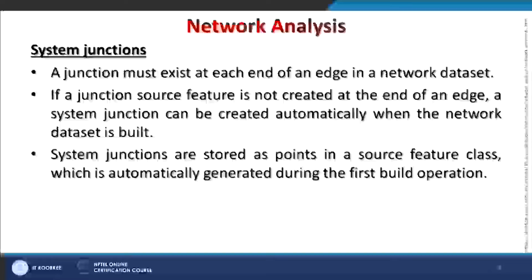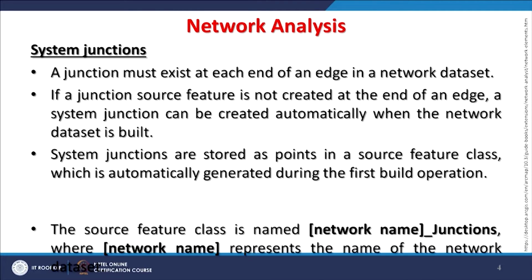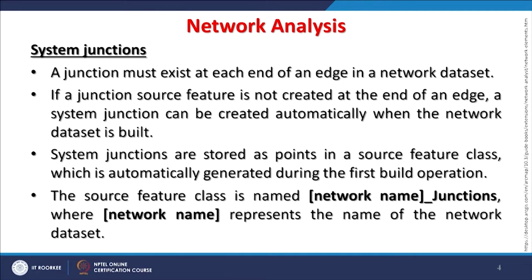System junctions are stored as points in a source feature class, which is automatically generated during the first build operation. You do not have to do this every time; once a network is ready, optimization or modeling will be done.